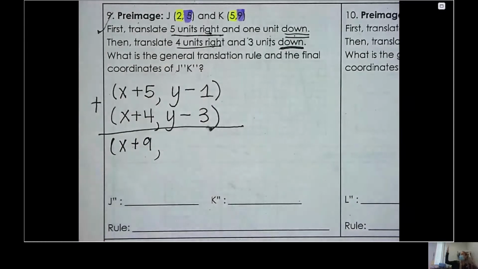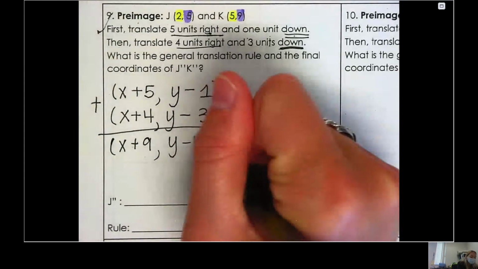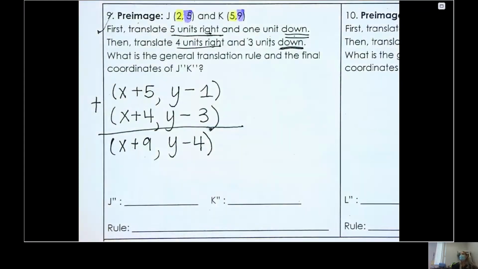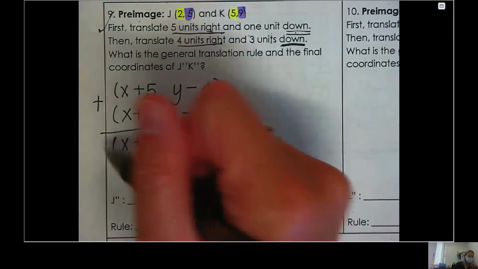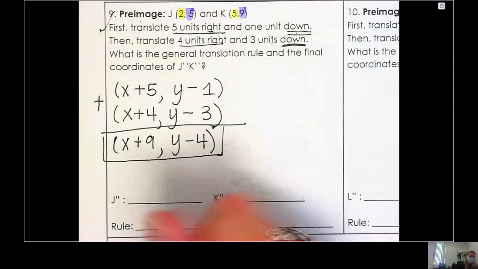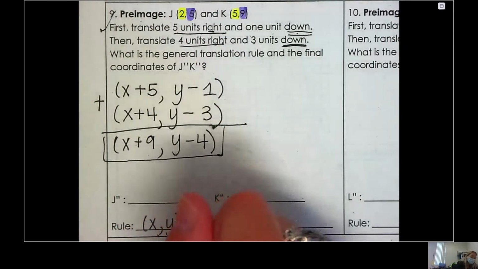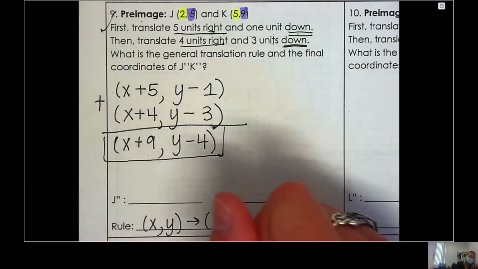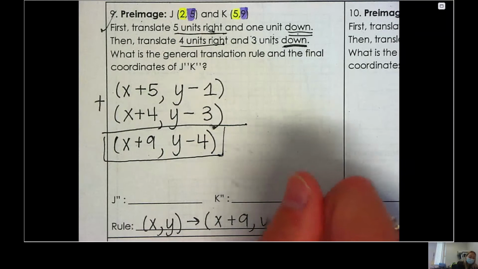If I went 1 unit down and then 3 units down, how many units down did I go in total? 4 units down. Y minus 4. That's your final rule right here. Okay, so I say XY becomes X plus 9, Y minus 4.